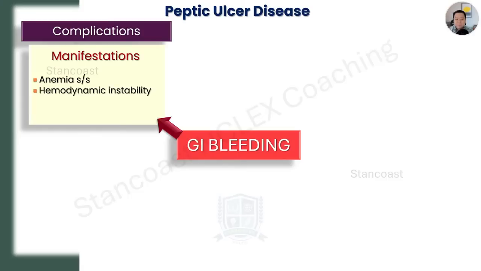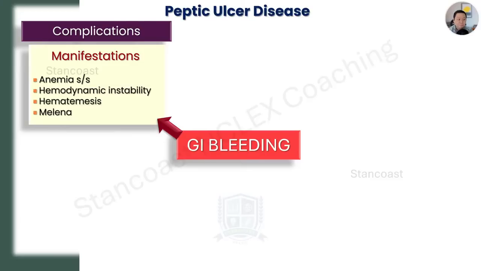Their blood pressure might be low, they might be tachycardic, palpitations may happen. Hematemesis is also common, wherein there's vomiting of blood, indicating upper gastrointestinal bleed. And also melena, which is the presence of black tarry stools, which signifies the presence of digested blood.